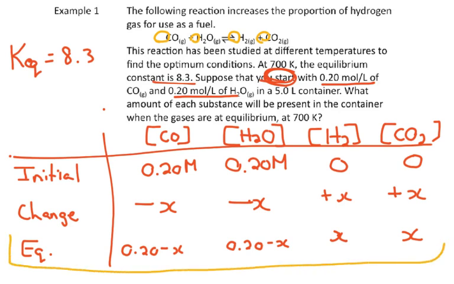It's these equilibrium concentrations that will matter in the KEQ equation. Because remember, KEQ takes into account the concentrations at equilibrium, not at the beginning or the middle of a chemical reaction. So now that we have these equilibrium concentrations, we can go and create the KEQ equation.